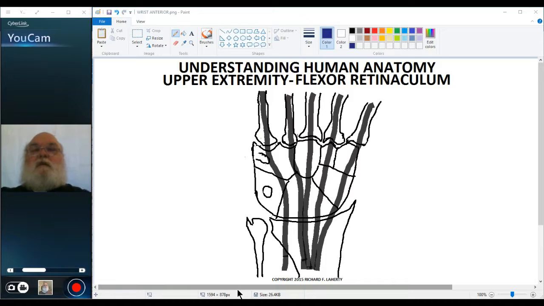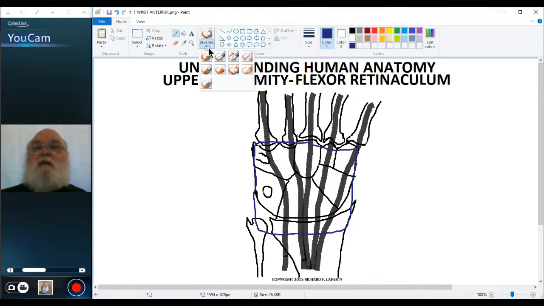Now, I'm going to sketch in the retinaculum, which is also called the transcarpal ligament. It will start here on the side, come up to the radius, over to the ulna, back on the other side, and then across. This is the transcarpal ligament.